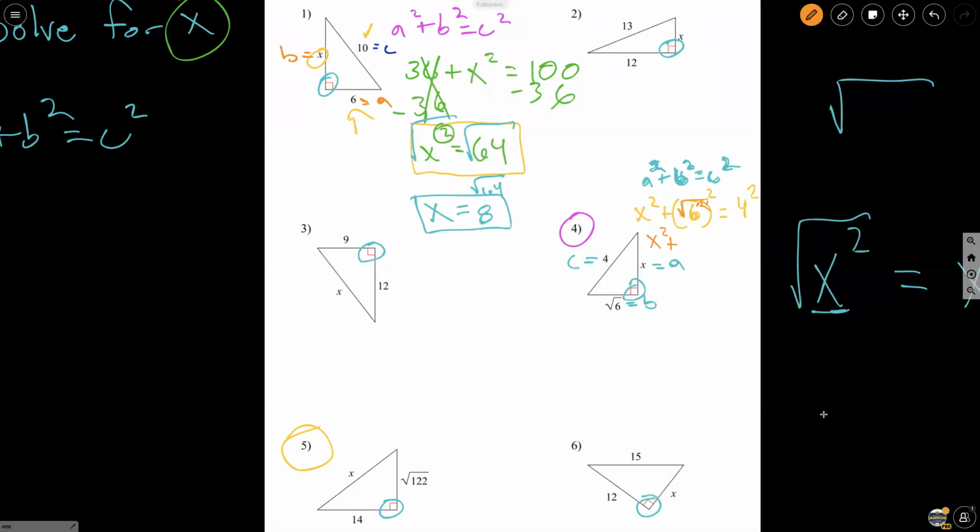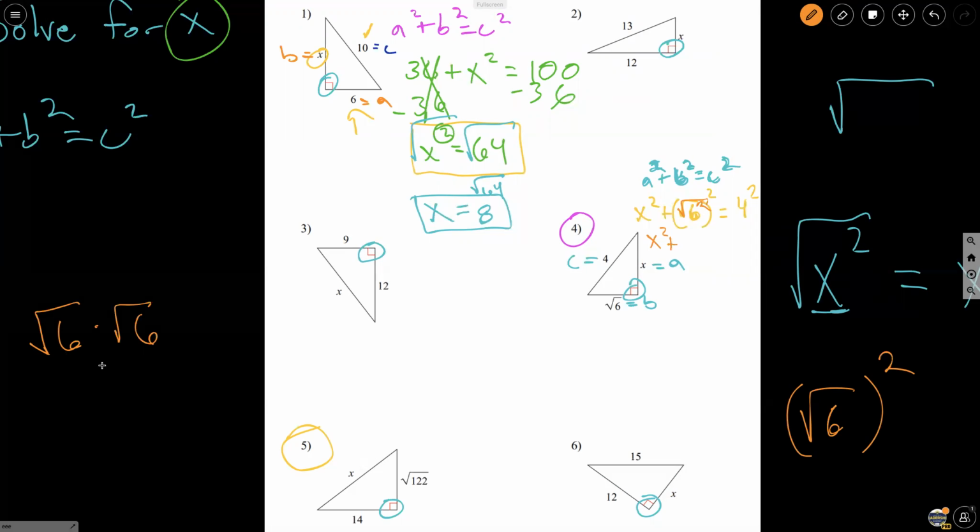Okay, so whenever you have a square root squared, okay, essentially what you're doing is the square root of 6 times the square root of 6, okay?